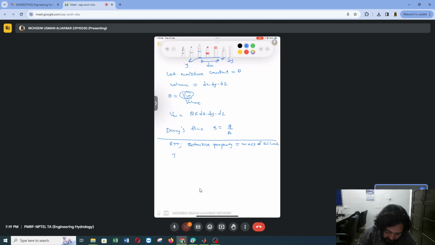Once you know the extensive property, the next thing is we can derive the intensive property, which is nothing but extensive property per unit mass. So here the extensive property is mass and we are going to divide it by mass, so the intensive property would become 1.